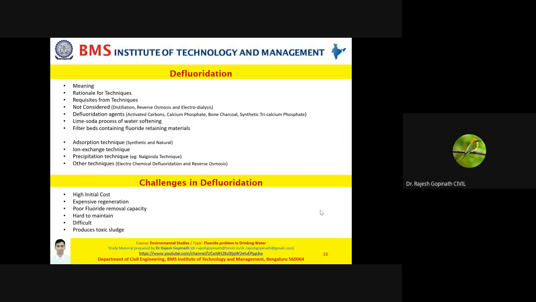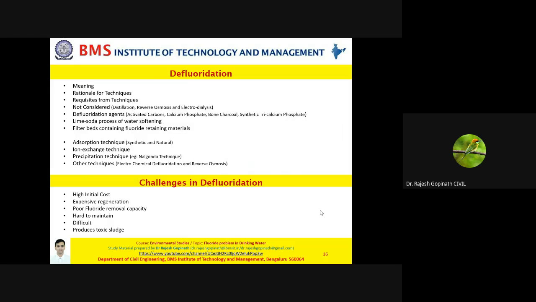So fluoride is one among them. So what I'm trying to stress is, we do not have that one dedicated technology which is meant only for removing fluorides. Okay, and even if we have, they are very few, and probably not very efficient as well.